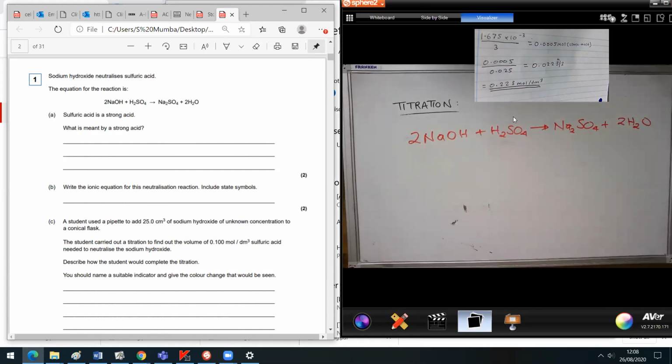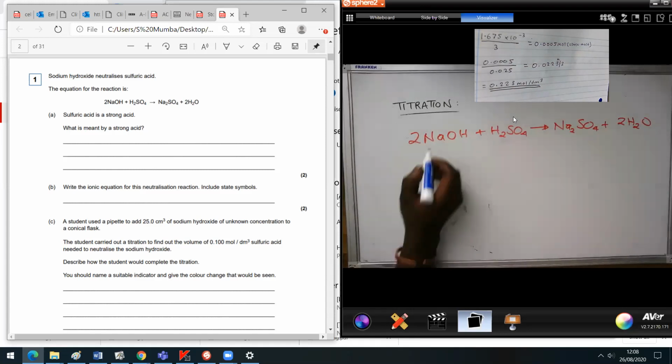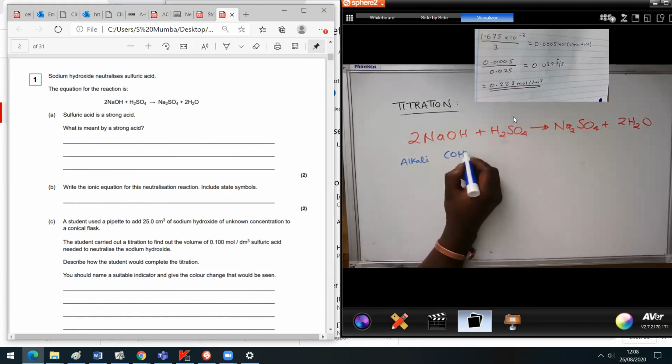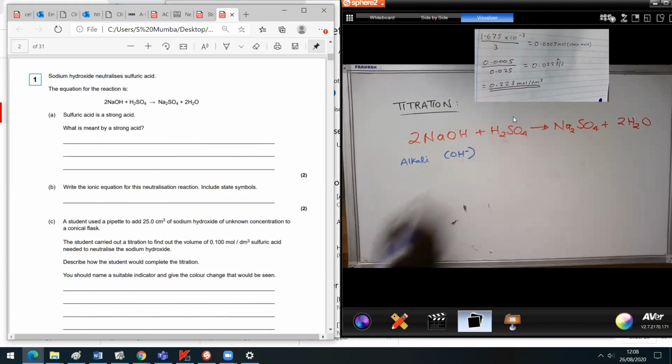So now here, instead of writing this chemical equation, we can write it in terms of ions. So what ions are present? First, the key thing to note is that every alkali has this hydroxide ion, if it is from group 1 or group 2.